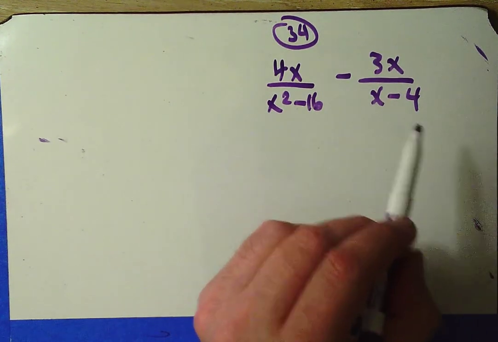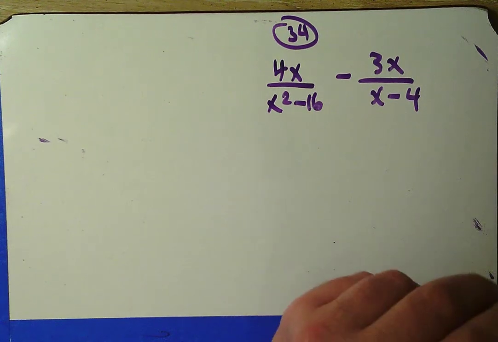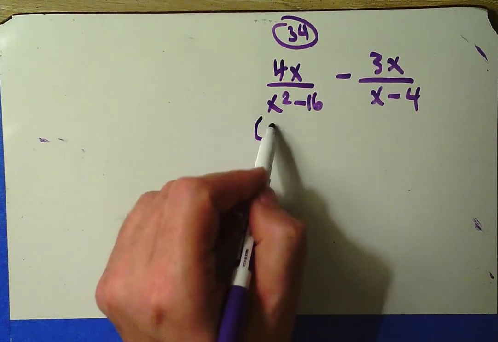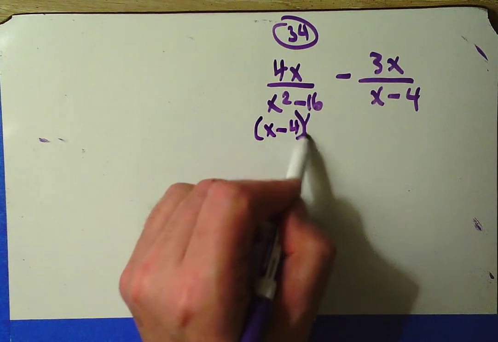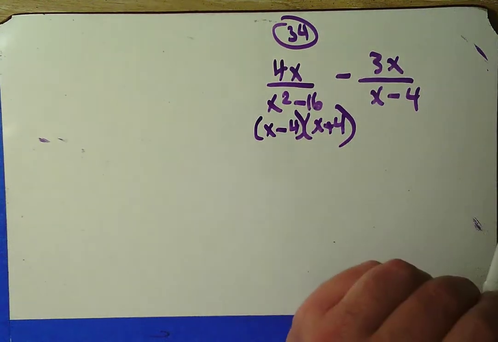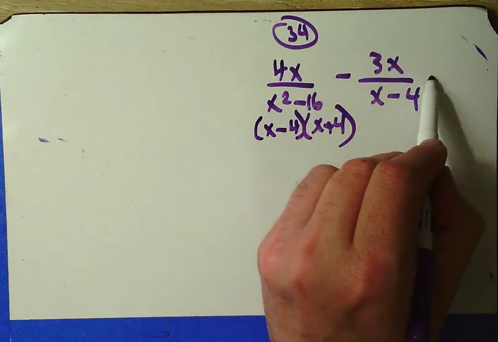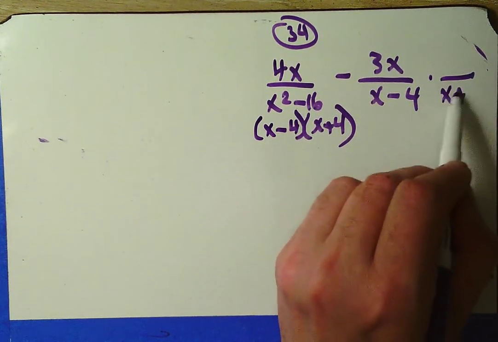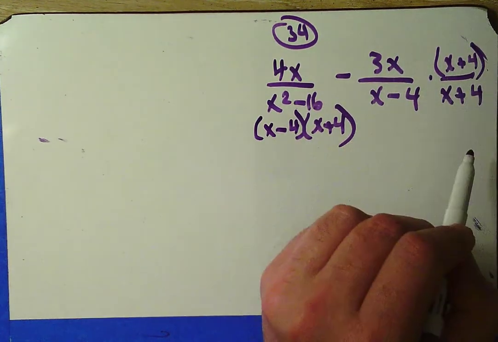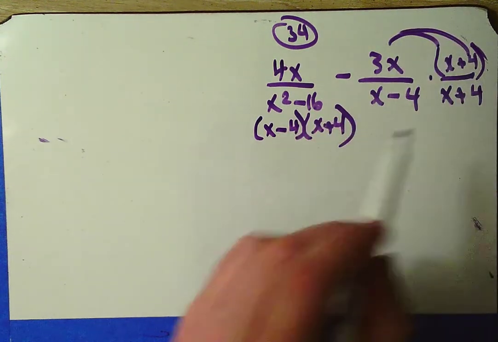And they ask us to simplify the expression. Well, when I look at all the answer choices, there's only one fraction, but here I have two separate fractions. I notice that this has an x minus 4 and an x plus 4 in its denominator, but this only has an x minus 4. I think I'm going to need to make a common denominator by multiplying top and bottom by x plus 4. Don't forget to distribute.